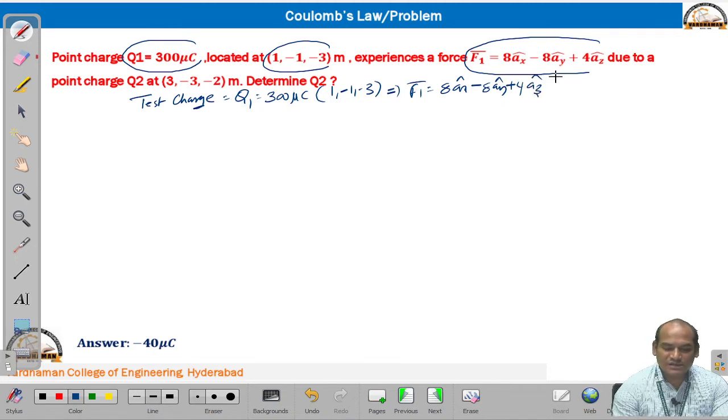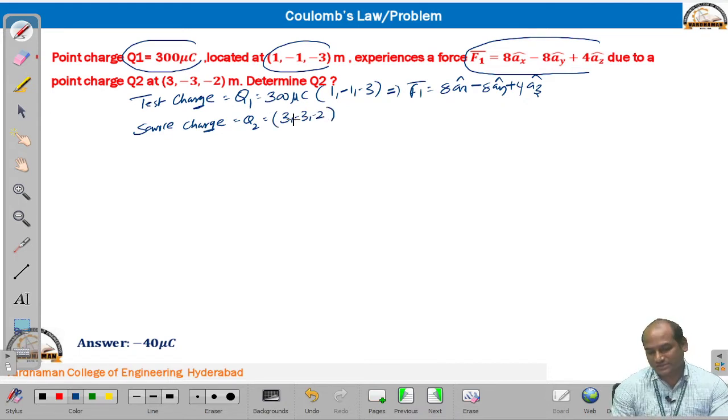What is the source for that? Means Q2. Source charge is given by Q2, available at (3, -3, -2), but they did not give the value of Q2. That is what we have to find. The force value they have given.